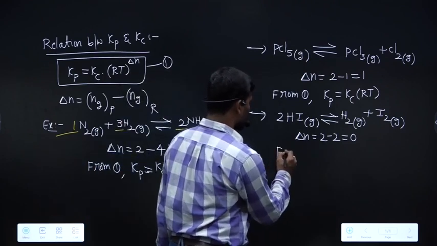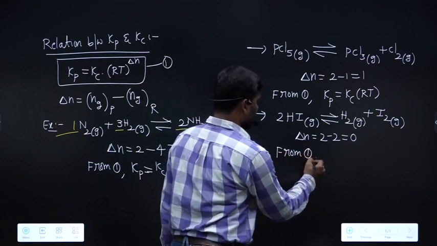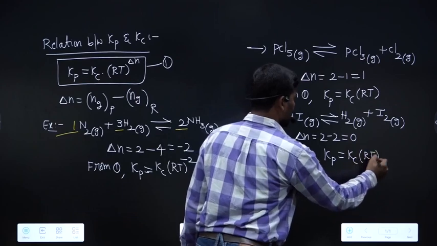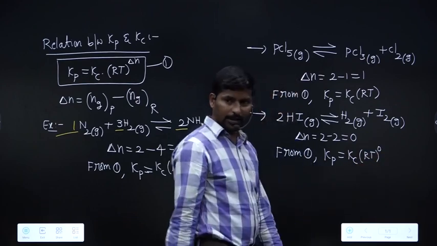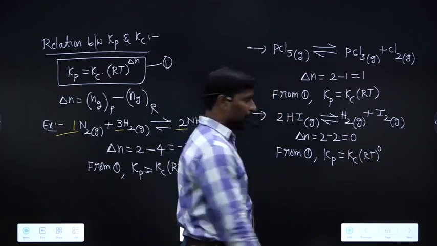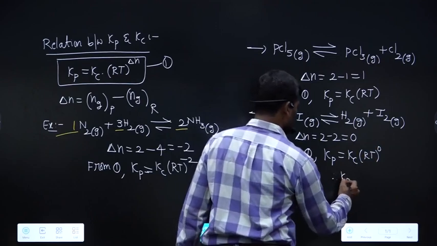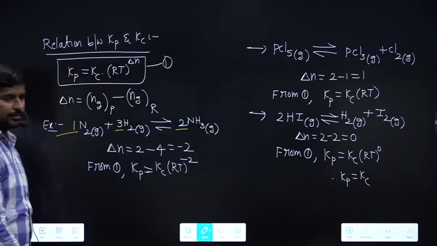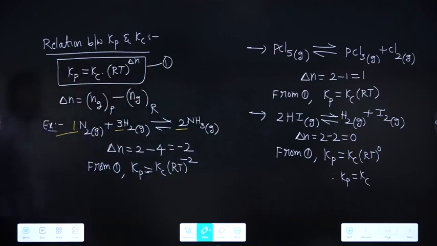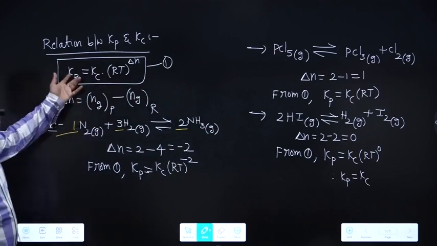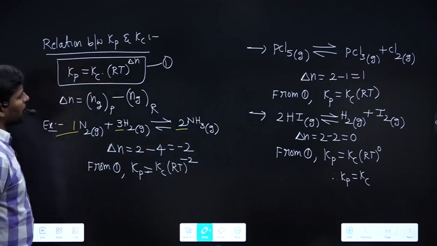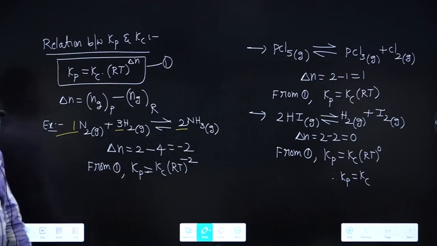Therefore from 1 we get Kp is equal to Kc into (RT) whole power 0. Something power 0 is 1, so Kp is equal to Kc. So this is the relation between Kp and Kc. Just remember this equation: Kp is equal to Kc into (RT) whole power delta n.